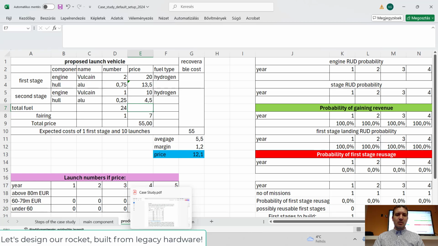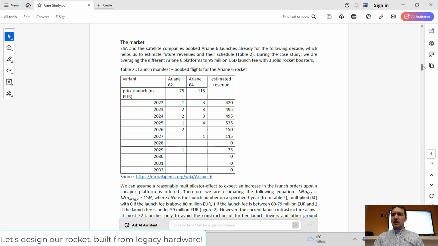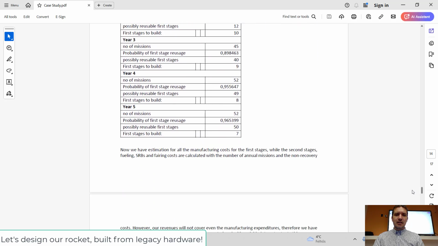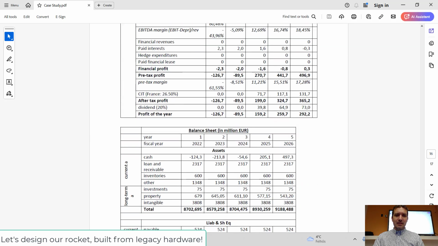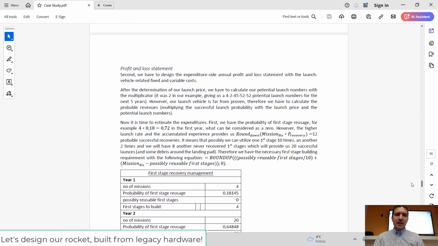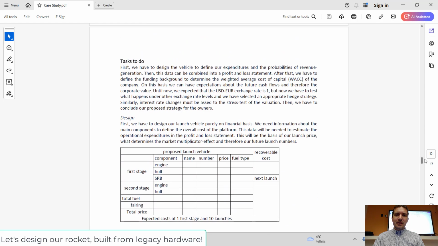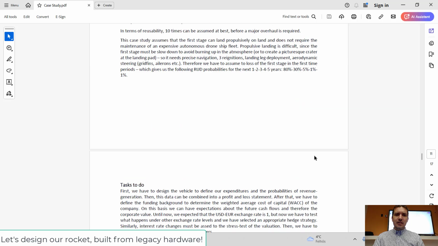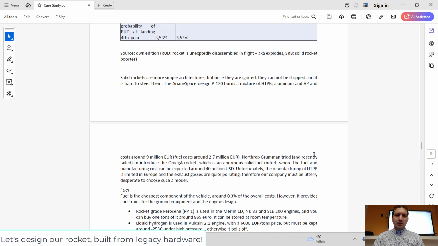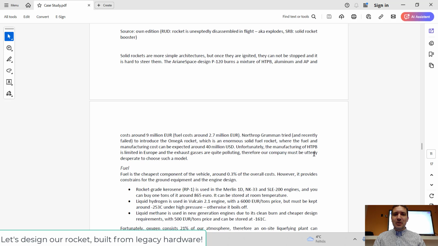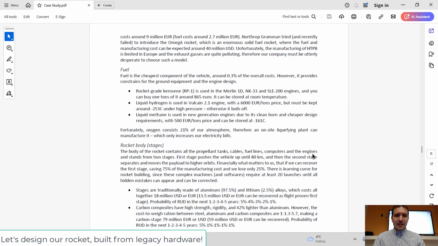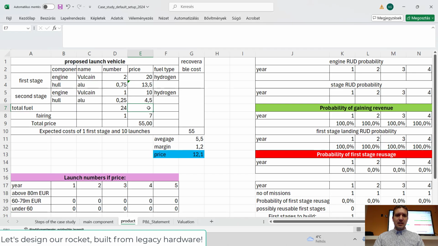Then let's open the case study, because in the case study I had to dig so much to get this price, not for the kerosene, because that was really easy to find data, but obviously there is a lower demand for chilled hydrogen. So 6,000 tons in euros.